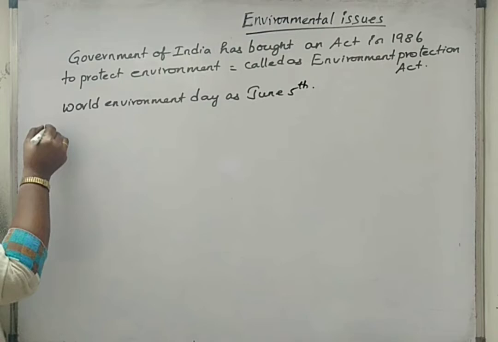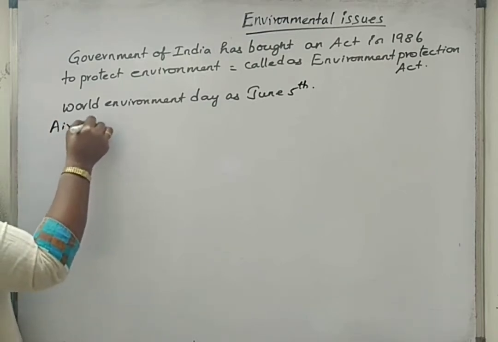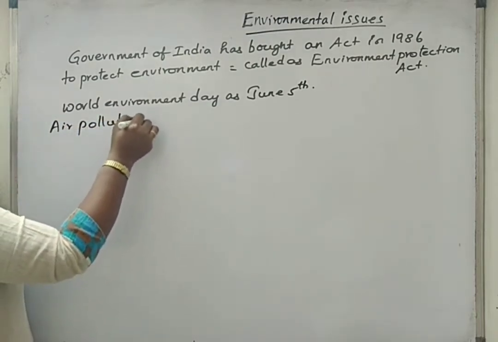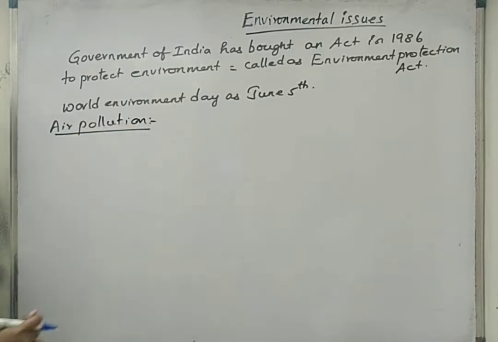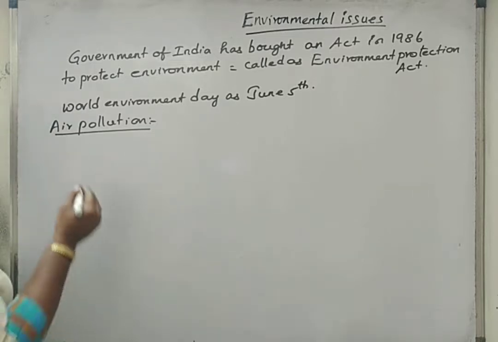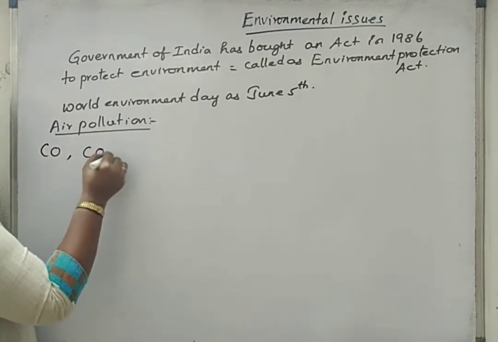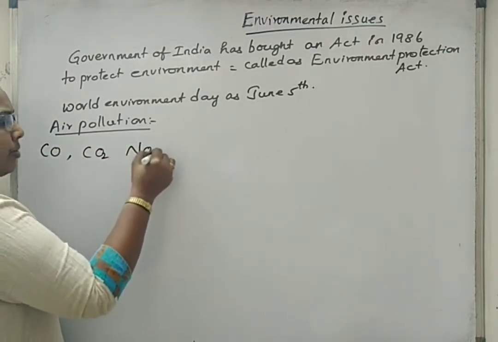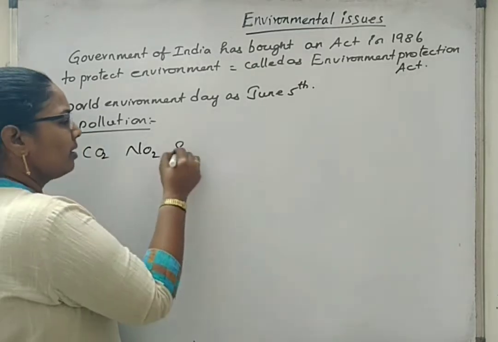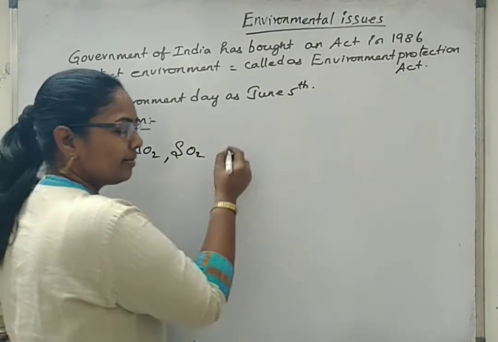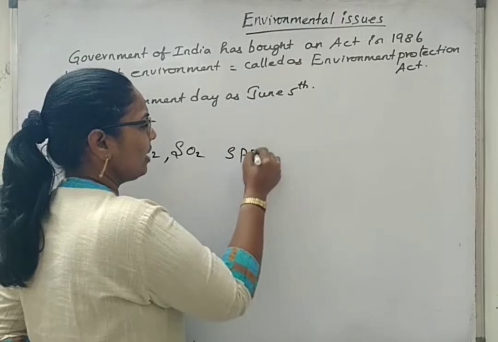Next, first coming to air pollution. Here we will see some of the pollutants, also simultaneously knowing how they behave as pollutants. We have many examples like carbon monoxide, carbon dioxide, nitrogen dioxide, SO2 sulfur dioxide. Next, SPM.